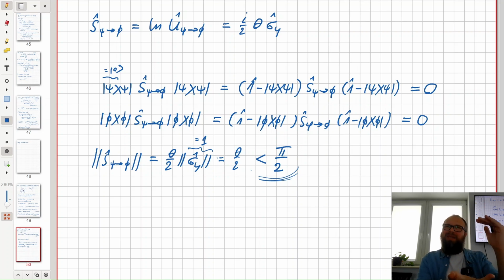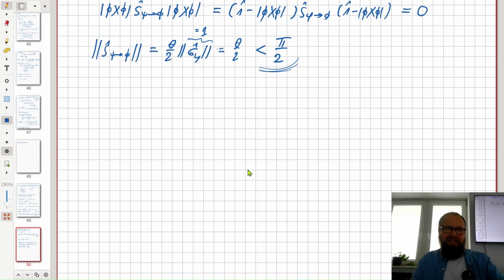So we need direct rotation between multi-dimensional subspaces.